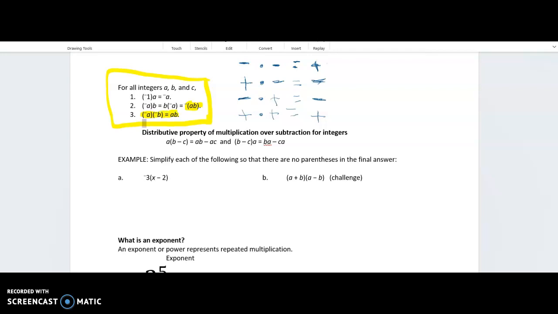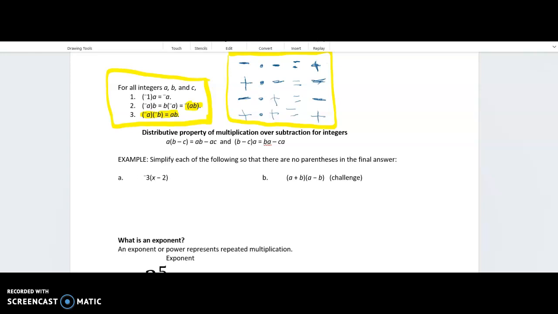This is just taking our rules for positive and negative multiplication and applying them in a more formal format. If I have two positives multiplied or two negatives multiplied, I'll get a positive result. If I have one positive times one negative, I'll get a negative result.